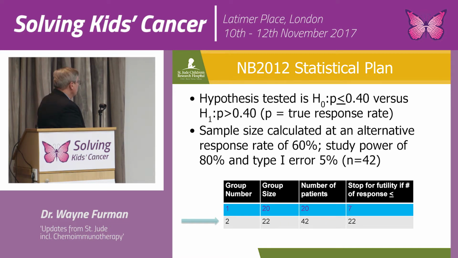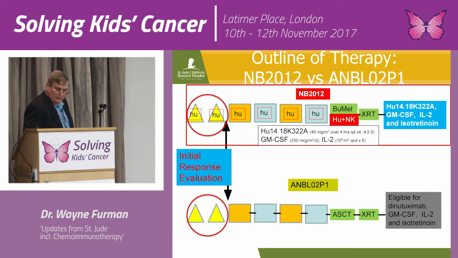And the goal was we didn't want to carry on with this trial if it looked early on that it wasn't going to work to that degree. And so what that means is that in the first 20 patients, if less than 7 patients had at least a PR, then we would stop the trial early.